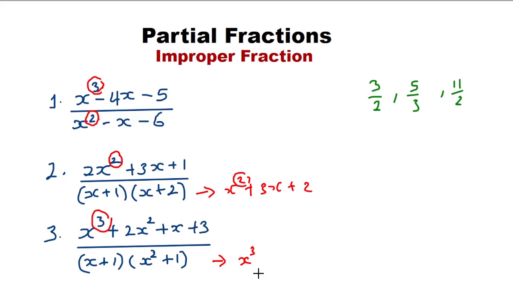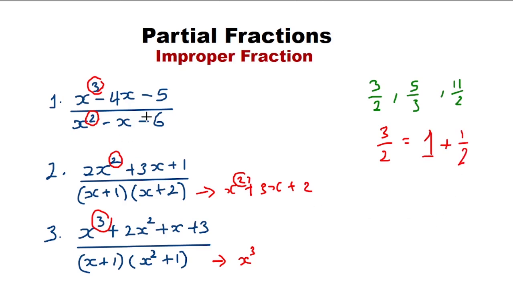The procedure is, we first reduce the fraction into 2 parts. One part that may be a whole number. For example, 3 over 2 can be expressed as a whole number, plus a proper fraction, which is 1 over 2.